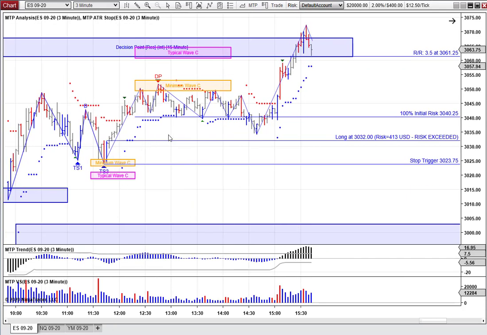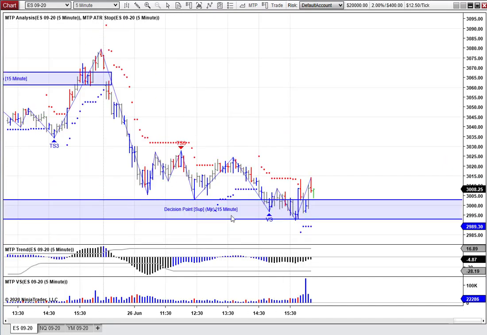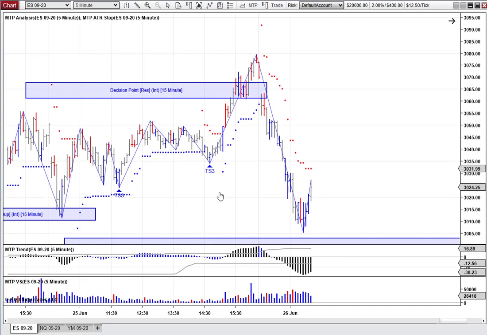And can you see how that would have actually been in the trade for quite a long time? In other words, it takes time for trade setups to unfold. If you're worried about this little pullback here, it's not yesterday, the day before, if you actually look at the 5-minute chart, you can see that pullback did actually unfold as a lovely TS3 buy setup.